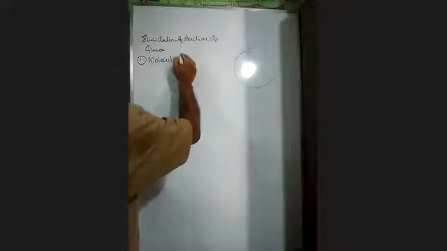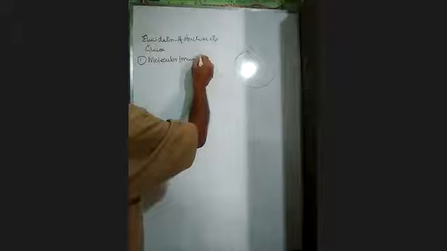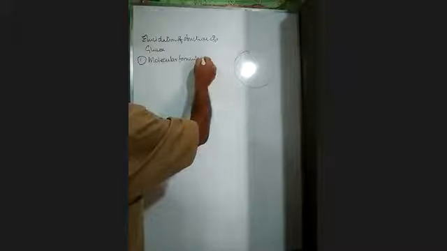So we do the elemental analysis, that is, the amount of carbon, hydrogen, and oxygen present. Then we find the molecular mass, and from the molecular mass, with the knowledge that we have gathered, we determine its empirical formula, and from there we get the molecular formula.